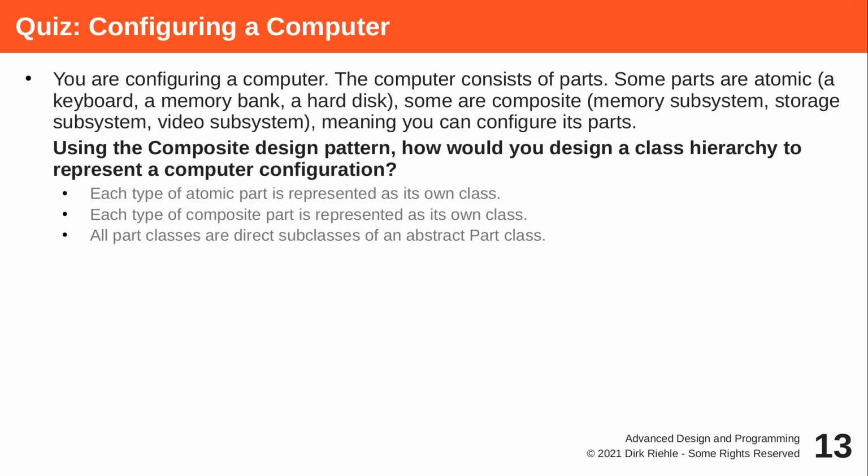So let's use yet another example to drive home that design patterns always require multiple examples before you can make the claim that something is a generalizable solution to a problem. And let's pick something close to home. You're configuring a computer which consists of parts.